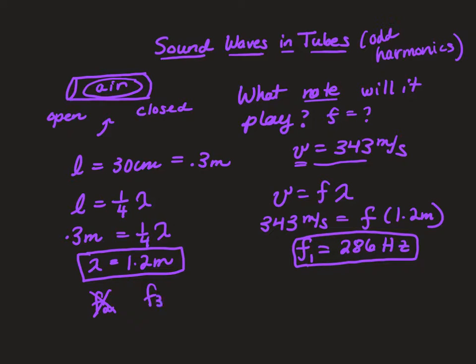But you can tell me the frequency of the third harmonic without doing any fancy calculations, just by remembering that any harmonic is always a multiple of the fundamental frequency. So if I take this and multiply by 3, 286 times 3, I get 858 hertz.